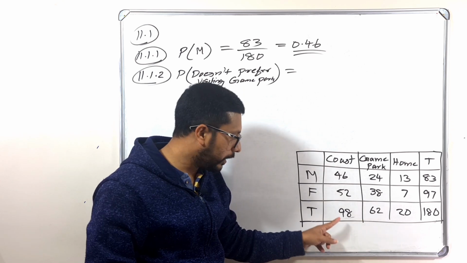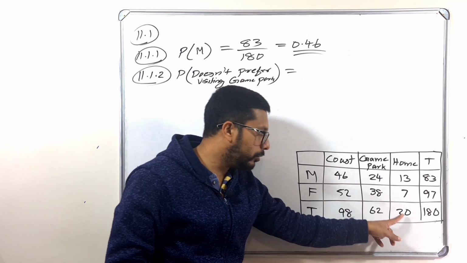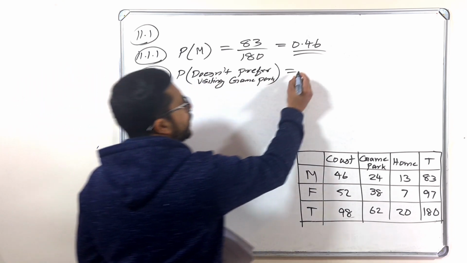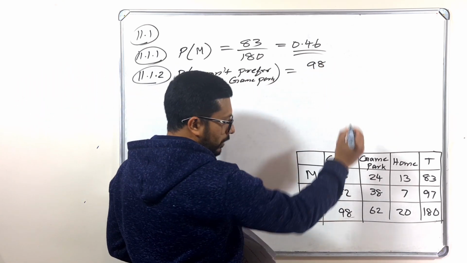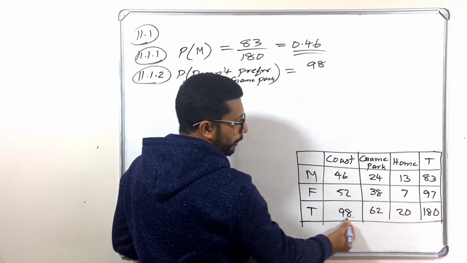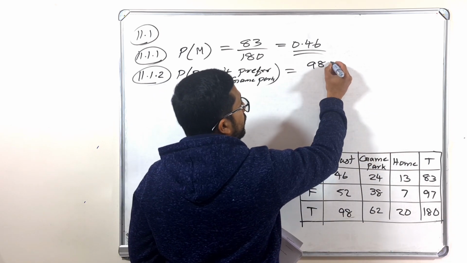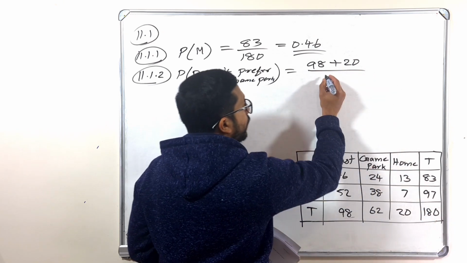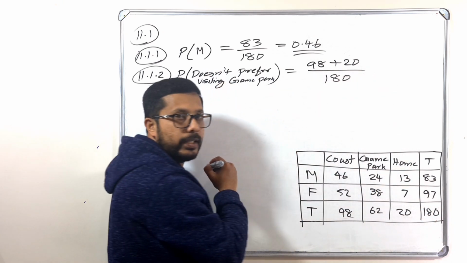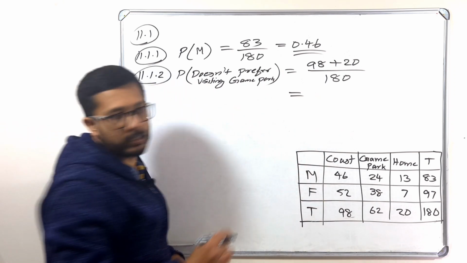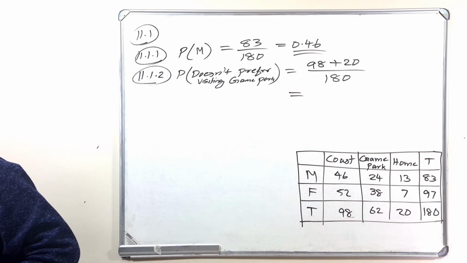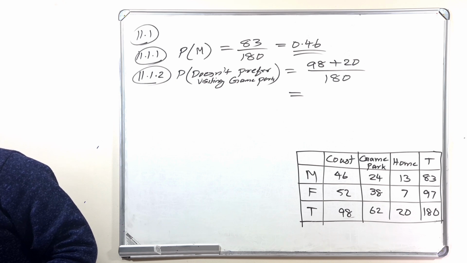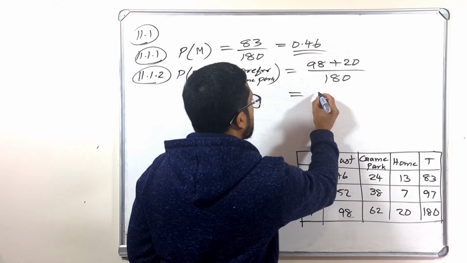So 98 is fine, 20 is fine. What is the probability? Probability is 98, the total of coastal, plus 20, the total of stay at home, divided by the overall total, that is 180. Check in your calculator what the answer is. That is 118 by 180, so it is 0.66.